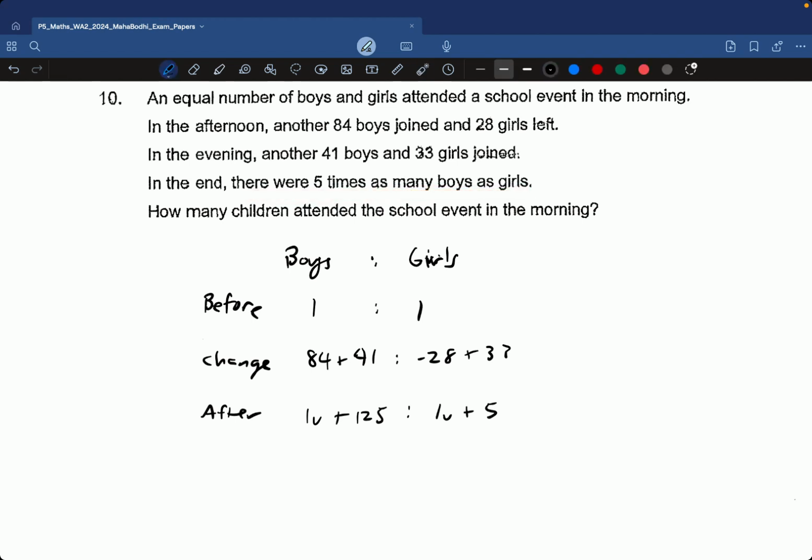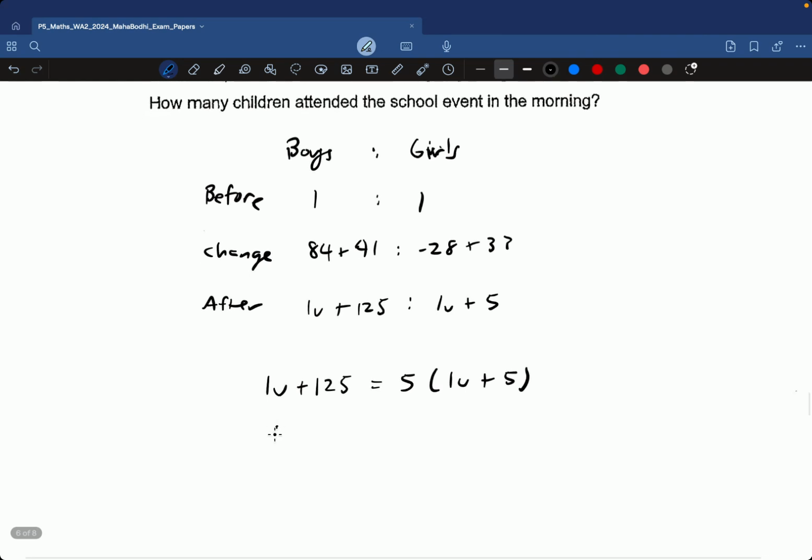So what this means is that 1 unit plus 125 is equal to 5 times the girls, 1 unit plus 2. So in essence, this is 1 unit plus 125 equal to 5 units plus 10.